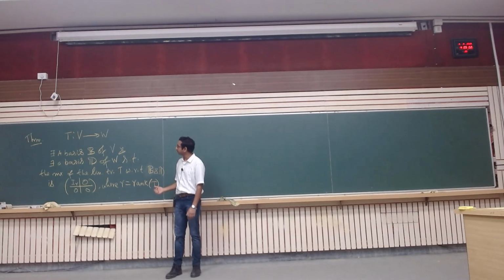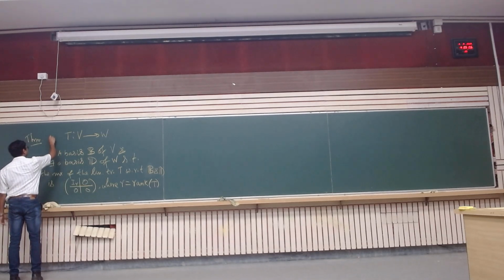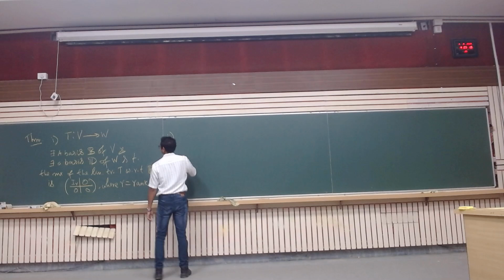And then we also stated this theorem. This was the version for linear transformations, and we also stated it in the version of matrices, right? So this was the first version, and in the second version it was that.